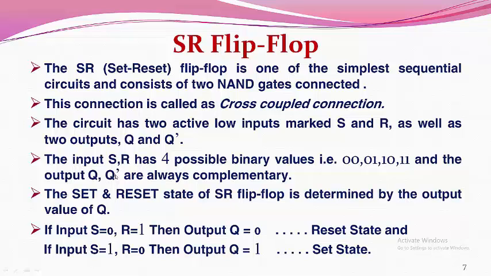And when the inputs are S equal to 1 and R equal to 0, then at the output side we are getting present output Q equal to 1. It means at this condition we are storing binary value 1 into the SR flip-flop, and the state of the flip-flop is set state. This is all about SR flip-flop.